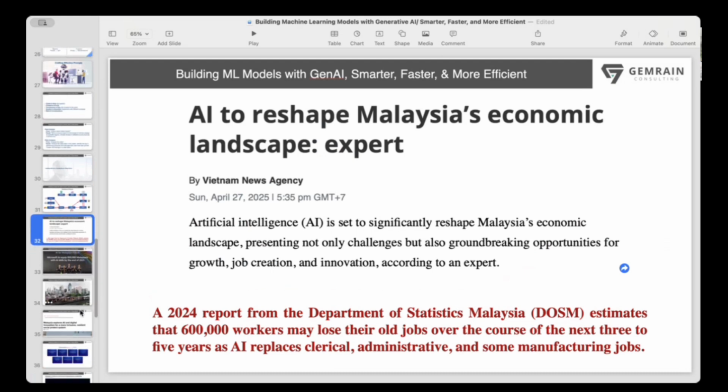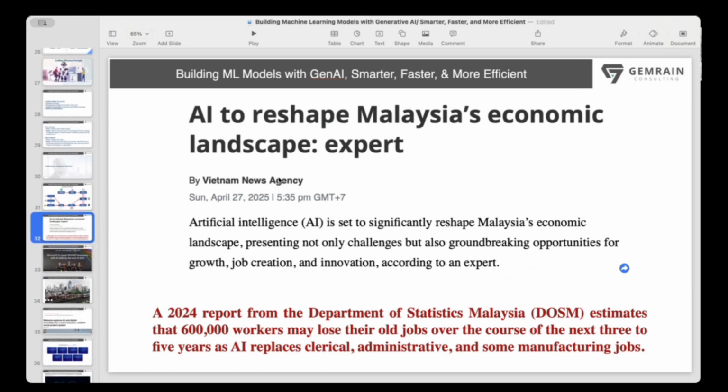Involvement of AI. As long as we are talking about AI in business, AI is reshaping the Malaysian economic landscape. You can see the report from the Department of Statistics Malaysia, DOSM, estimates that 600,000 workers may lose their jobs over the course of the next 3 to 5 years as AI replaces those jobs.